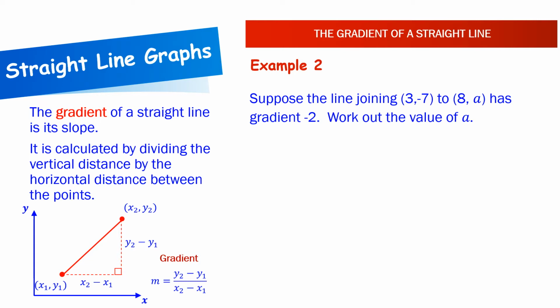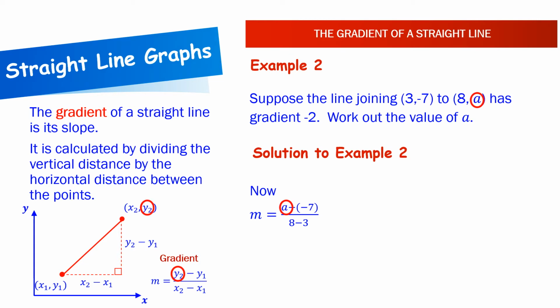Let's take a look at another example. Suppose the line joining 3, minus 7 to 8, a has gradient minus 2. Work out the value of a. Now the gradient m equals y2 minus y1 over x2 minus x1 as shown.